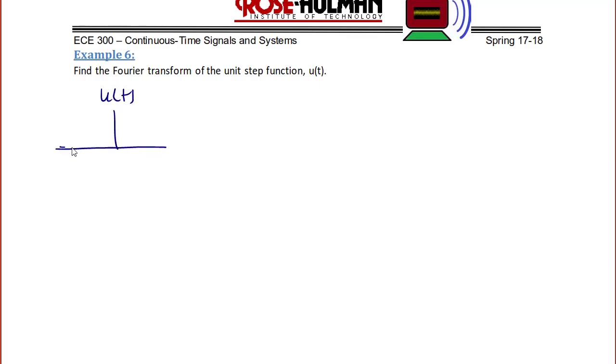It's a step function that is 0 up to time 0, and then it's a 1. Since we just solved the signum problem, we can write u(t) in terms of a signum, and we know that u(t) is equal to 1/2, which is a constant over all time, plus 1/2 signum of t.